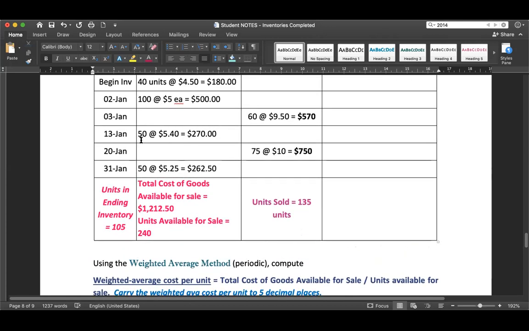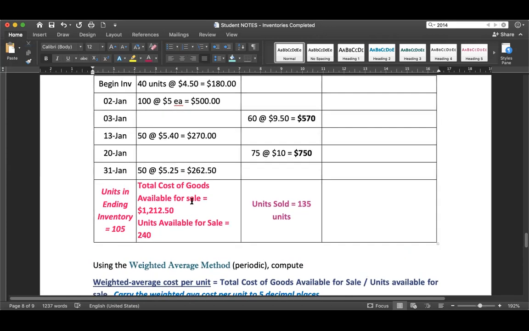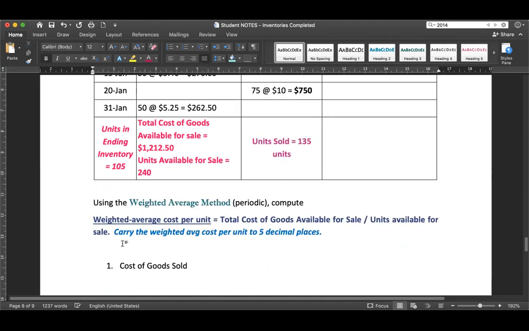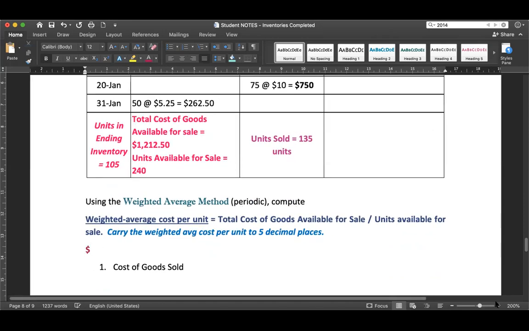So there was 40, 10, 50, and 50, which is 240 units for sale. So therefore, the weighted average cost per unit will be 1212.50, and for 1212.50 they were able to acquire 240 units.